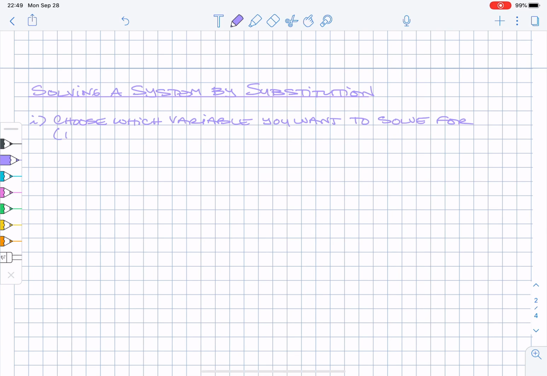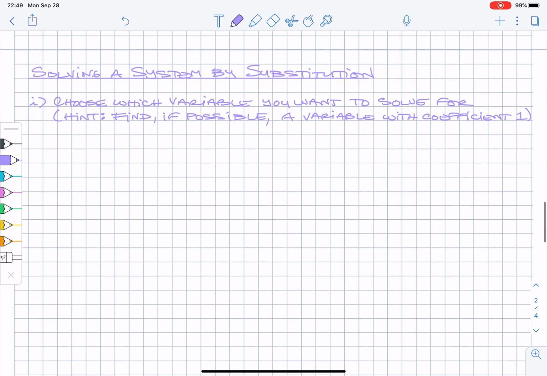So here's the hint. Find, if possible, a variable with coefficient 1, and that's what you're going to choose.